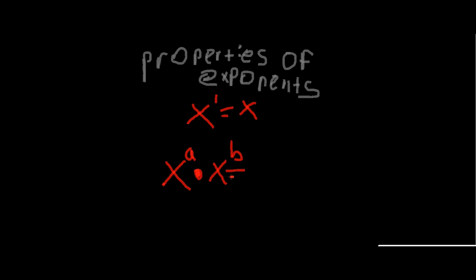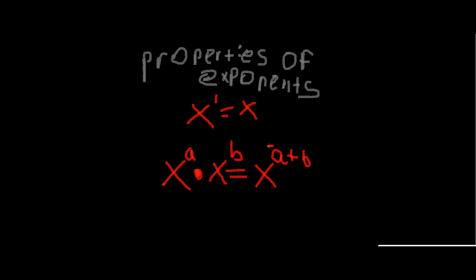So if you have a base raised to an exponent, and you multiply it by that same base raised to either the same exponent or a different exponent, what you can essentially do is rewrite this as x to the a plus b power.